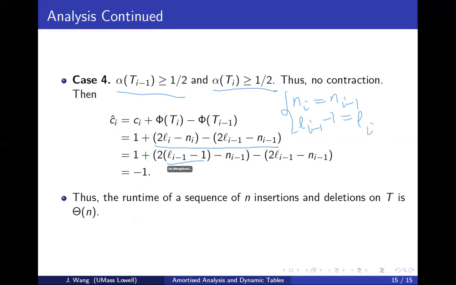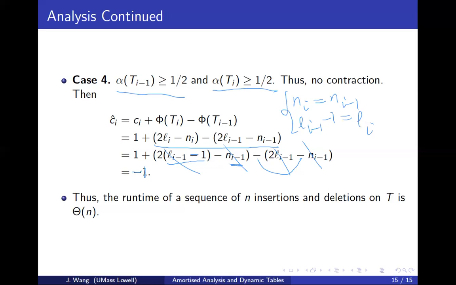We have that, so this is canceled, that's canceled because negative becomes positive, and we have a negative 1 here. So minus 1, so 2 times that, and then we get minus 1. So it's still a constant.